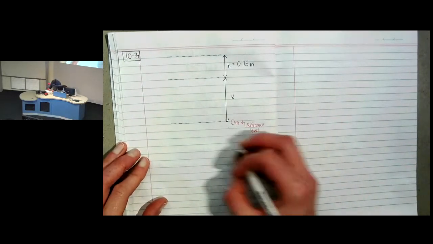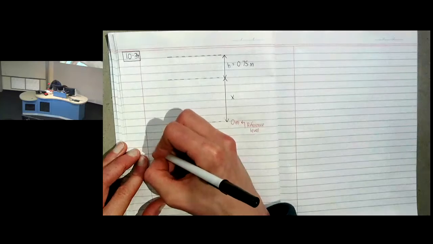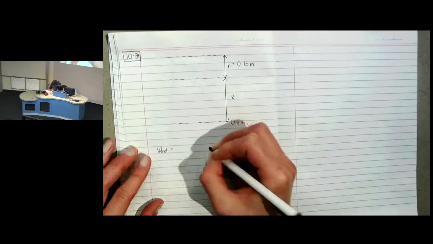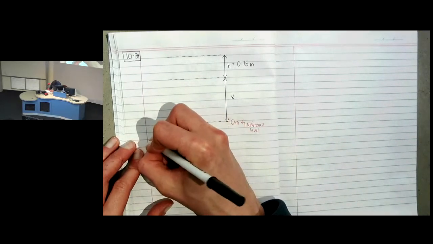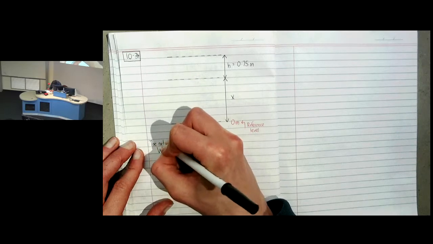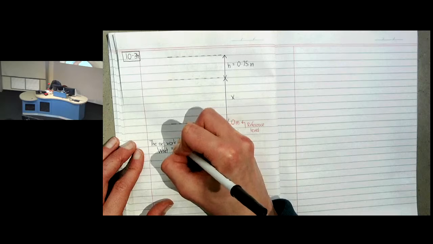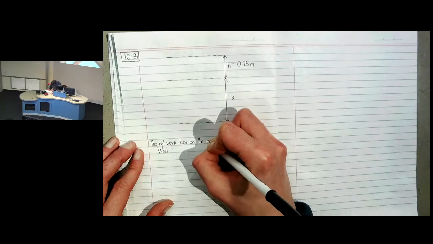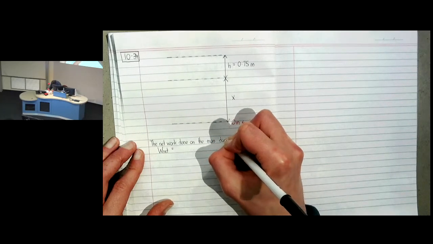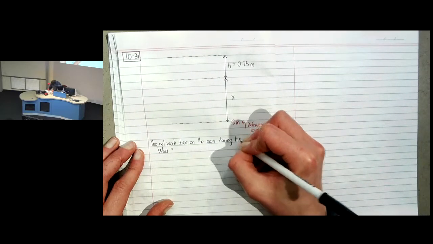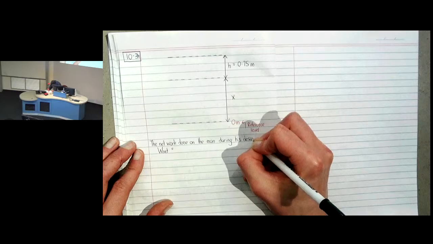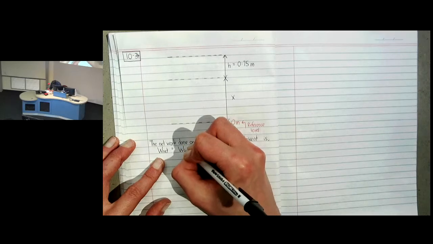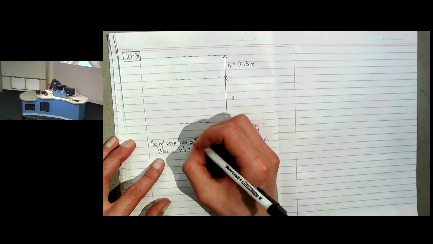So let's think about that. So the net work done on the climber during his descent is the work that gets done by gravity plus the work that gets done by his safety rope.